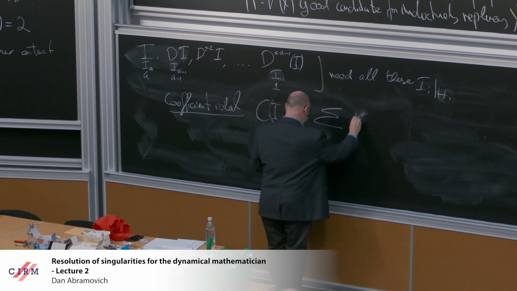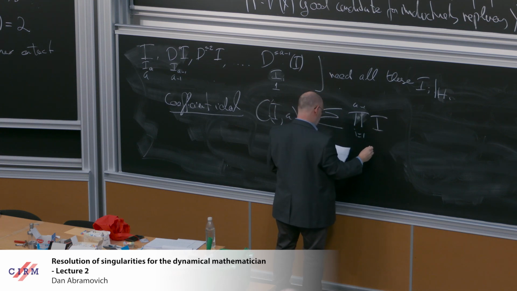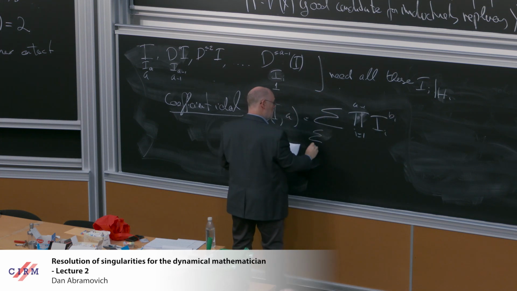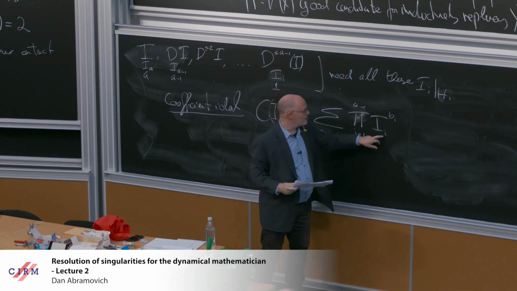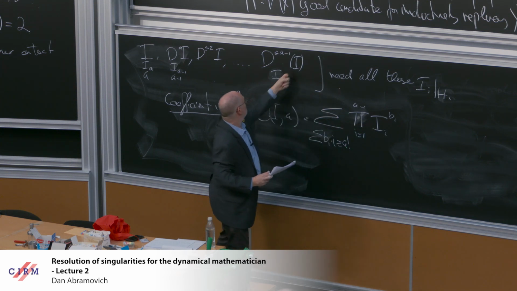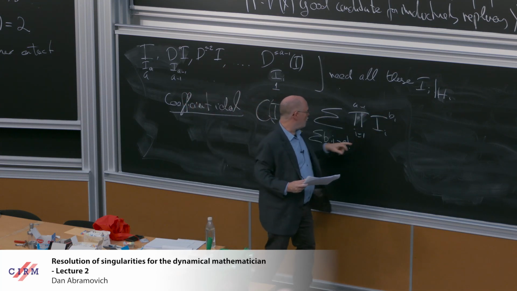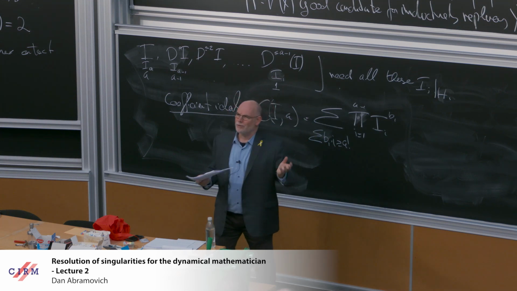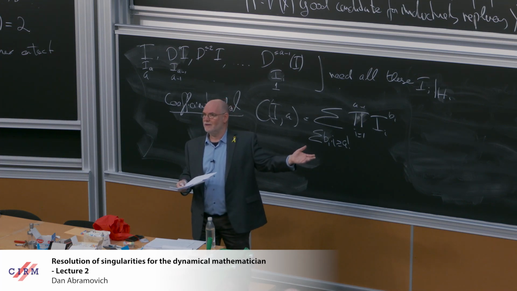So I take all possible monomials, each one of these comes with its respective weight, and I take monomials of weight at least a factorial, because I could do less than that, but that's certainly a degree where I can guarantee that everything will appear.